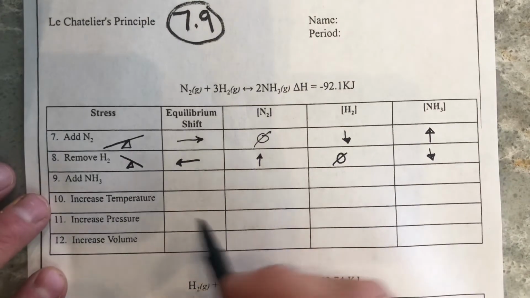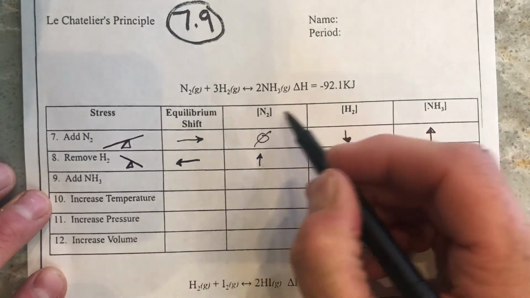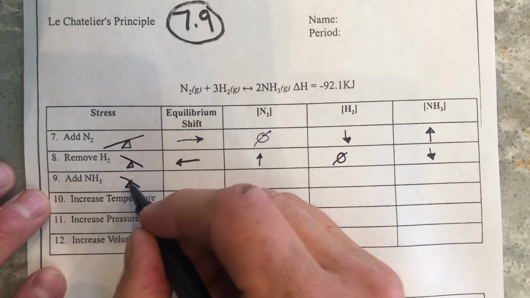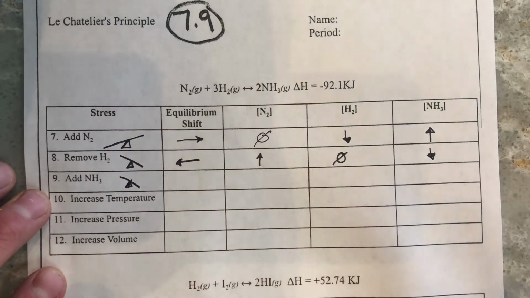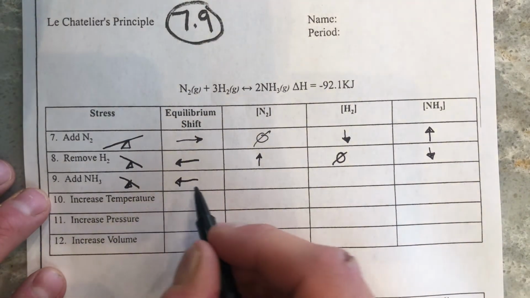All right, so on to the next one here. When we add ammonia to the mix here, that means we're stressing the reaction toward the product side, which means we're going to shift toward the reactants.